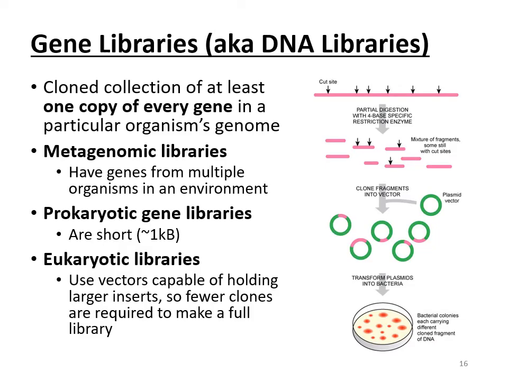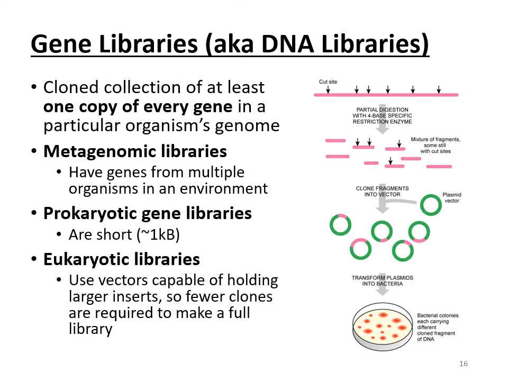Okay, so when we talk about genetic engineering, we also have what's called gene libraries and DNA libraries. Now, basically what this means is not only are we capable of cloning single or individual genes, but now we can clone libraries of whole genomes, okay?